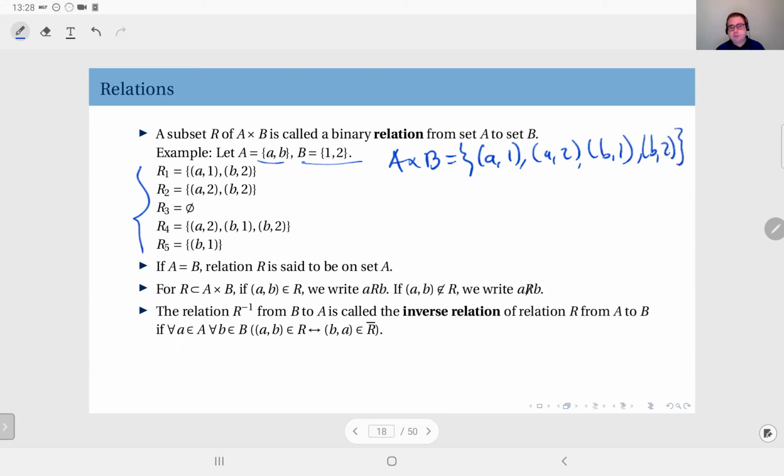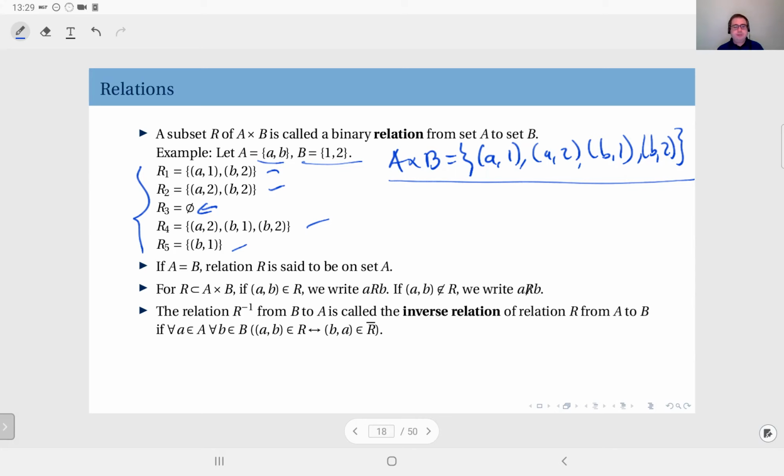This is the Cartesian product of A and B. Any subset of this, and there are 16 of them, is a binary relation from set A to set B. Here we, of course, include everything, and we also include the empty set, and we also have these others as example relations. Okay, simply put, a binary relation is a subset of the Cartesian product.